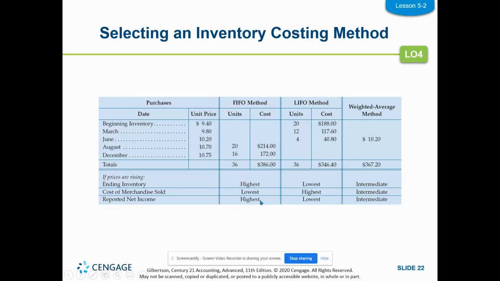Okay, so it's going to show that we're making more money. If we use the LIFO method, our reported income is going to be lowest. And if we use the weighted average, it's going to be in the middle. Okay, this is saying we're going to see the highest amount of income, the lowest amount of income, and that one's going to sit somewhere in the middle.